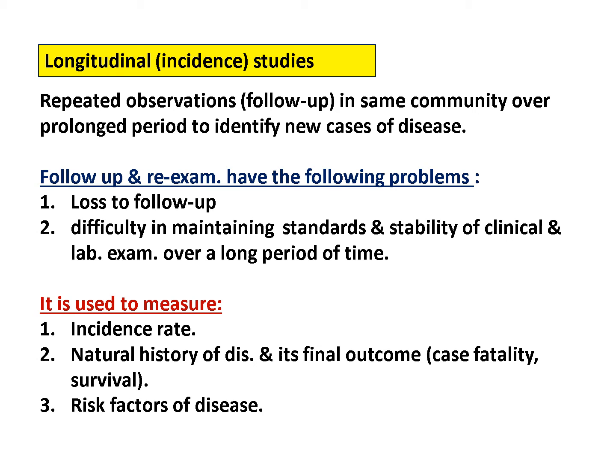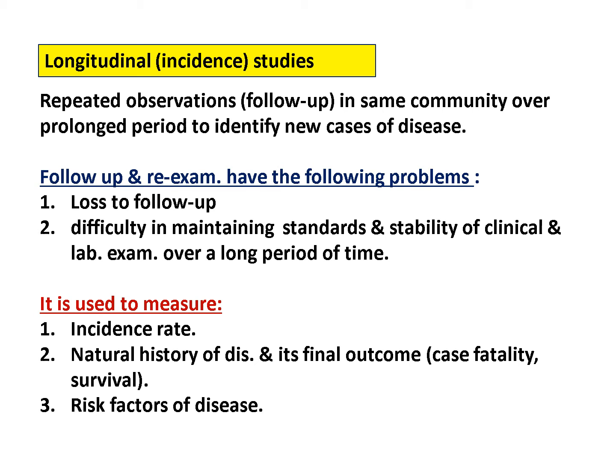Why can't we do this for all the population? Because in this case we can lose to follow-up some cases, and some people will not continue to follow up. Also, because of the difficulty in maintaining standard and stability of clinical and laboratory examination over a long period of time.